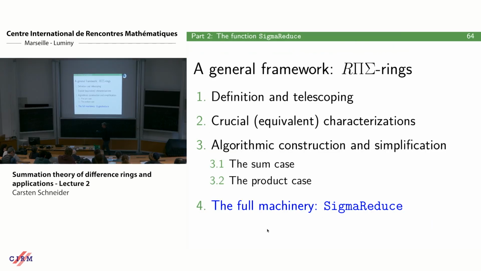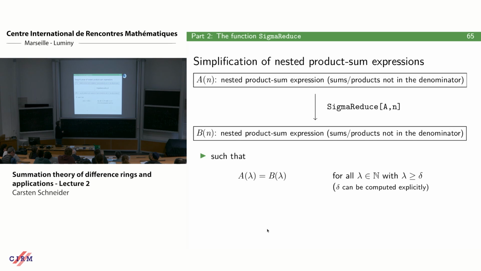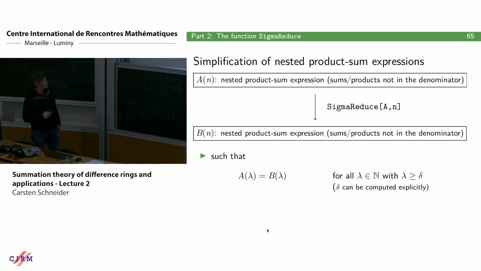Okay, and this is now basically the full machinery. Given an expression in terms of indefinite nested sums and products, SigmaReduce delivers another representation such that A equals B, and from this point on I can guarantee there are no poles.